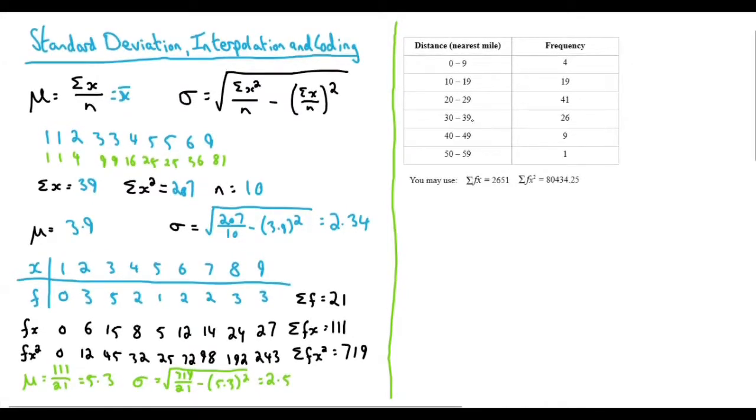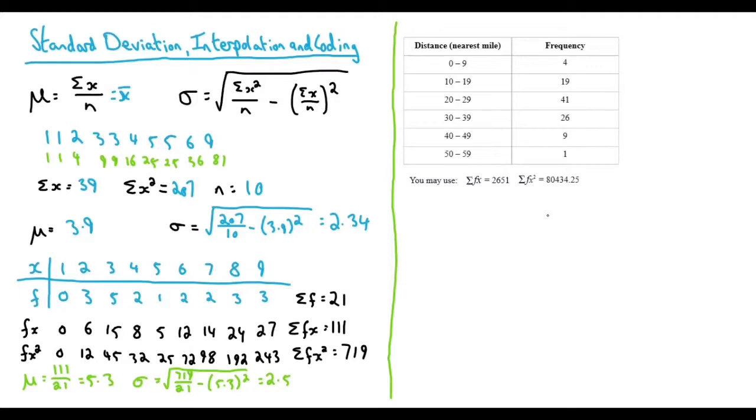As it happens in this case, this table has already told you what you're to use as the sum of fx and the sum of fx squared. So you wouldn't have to work them out manually for yourself. However, just for the sake of this explanation, I will talk through what you would have to do without that information, just in case the exam didn't give it to you.